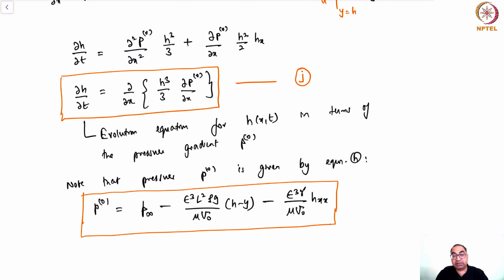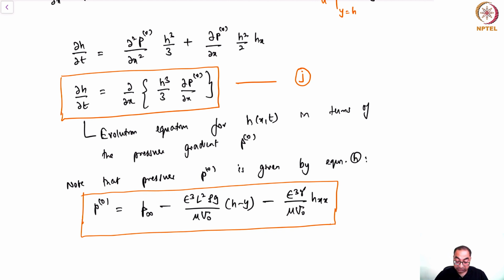Now there are several steps that we can go forward from here. For example, the expression for pressure that is written down here at the bottom does not have a driver of a rupture mechanism. So in the next lecture, what we're going to do is introduce the so-called disjoining pressure. And the evolution equation J does not vary.